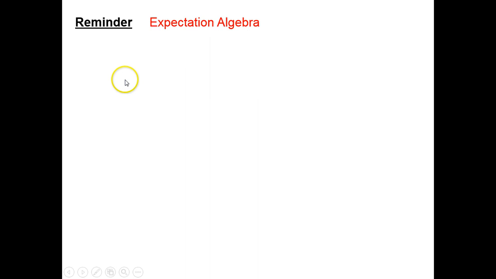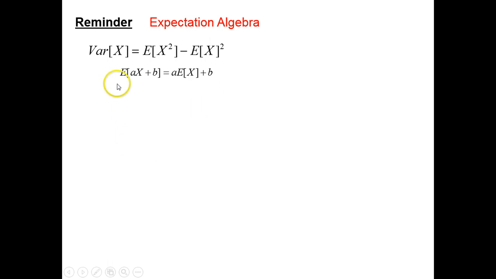A reminder, expectation algebra. The variance of x, you should remember, is equal to the expected value of x squared minus the expected value of x, all squared. And if we have a linear combination of x, so the expected value of ax plus b, I can take the expectation in to give us a times the expected value of x plus b.